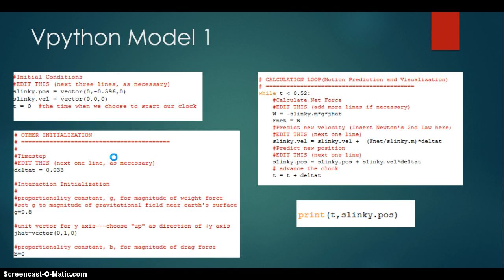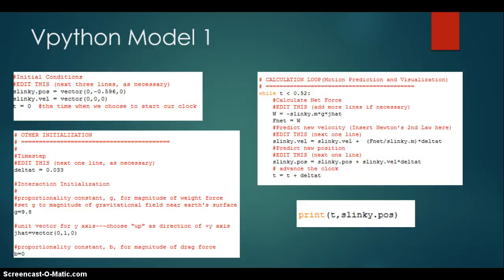For the VPython model 1, which only accounts for the gravitational force, we have these initial conditions. The slinky position is 0 in the x, negative 0.596 in the y, and 0 in z. Slinky velocity is 0 meters per second.